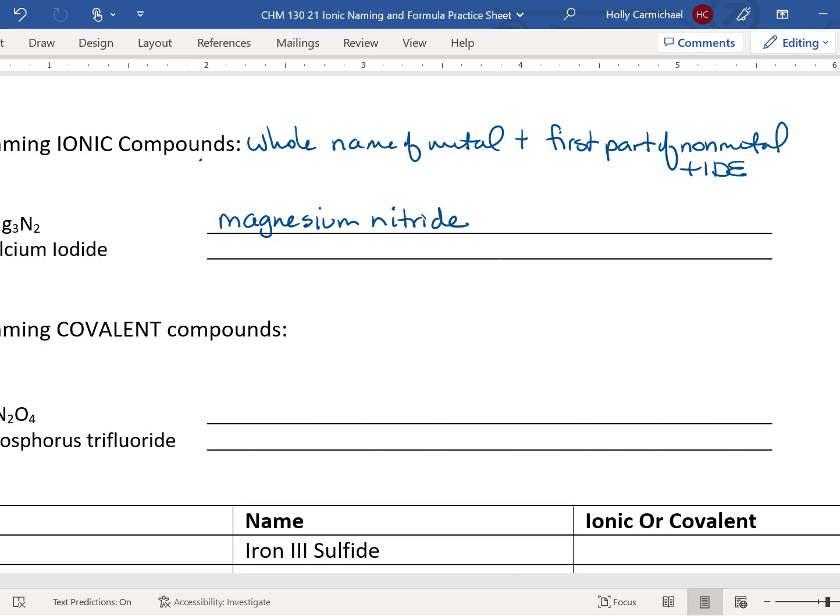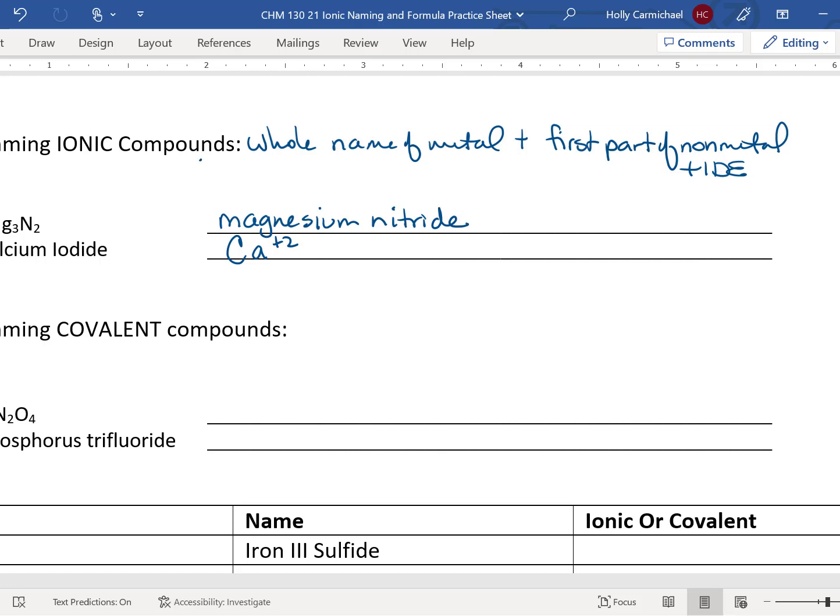If I want to go from the name to the formula, like calcium iodide, do this in the two-step thing. What do I write first? Calcium, Ca. And what would its charge be? +2. How do you know? It's the group number.